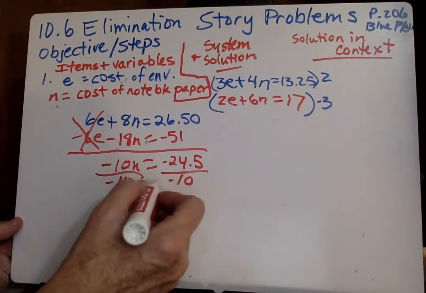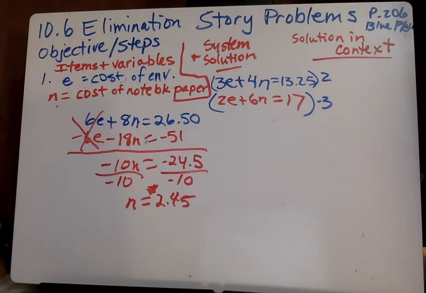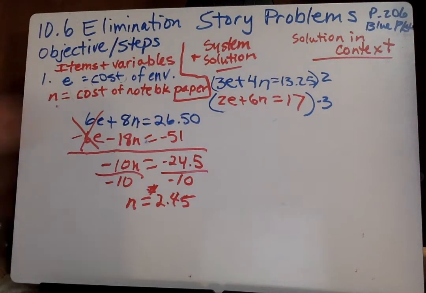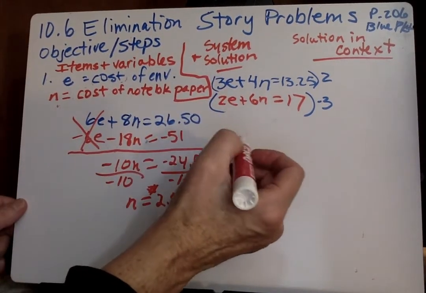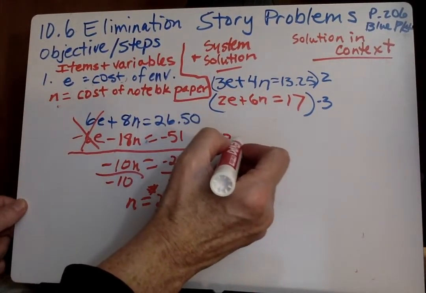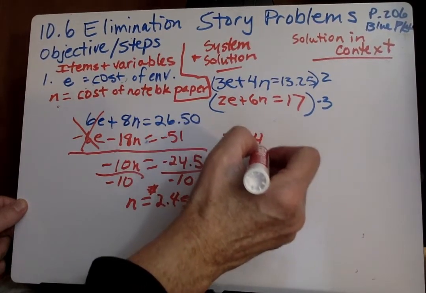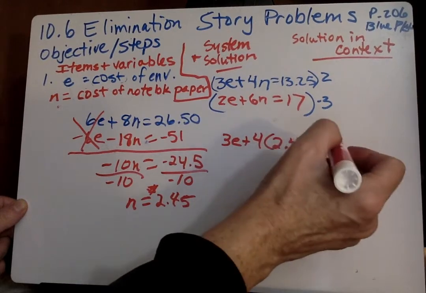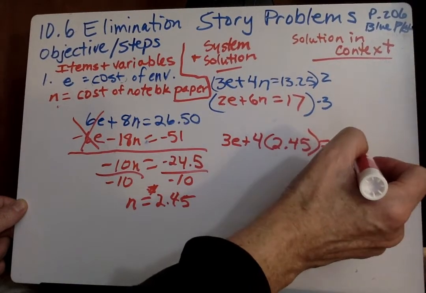So we know the cost of the notebooks is $2.45. Now, to find the cost of the envelopes, we put N back into one of these. I'm going to use the top one: 3E plus 4 times 2.45 equals 13.25.